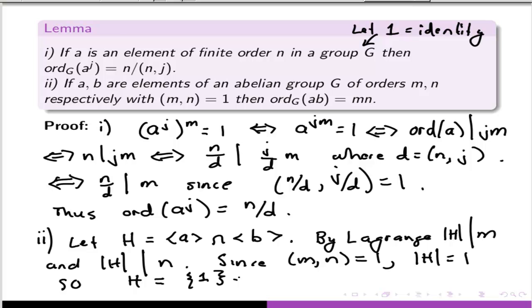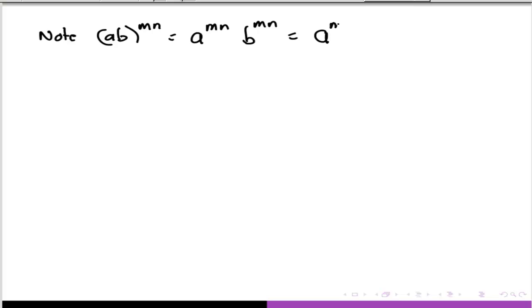So now our task is to show what's the order of the product A times B. So first of all, it's trivial to note that AB raised to the mn power is A to the mn times B to the mn. Now one of these is of order m.